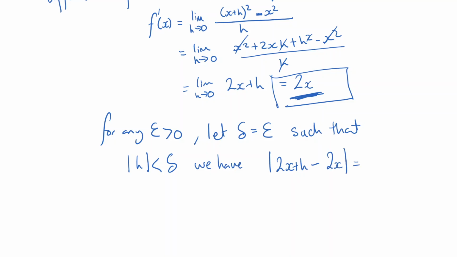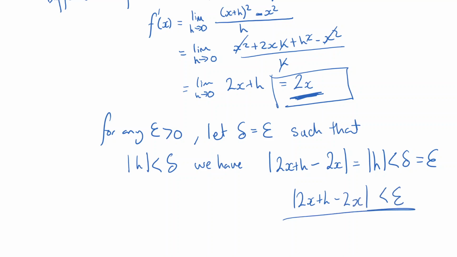That's equal to h, and we said that that was less than delta, but delta is equal to epsilon. So we've just proven that 2x plus h minus 2x is less than epsilon. And that's the same as this function minus the limit, and so we're done.